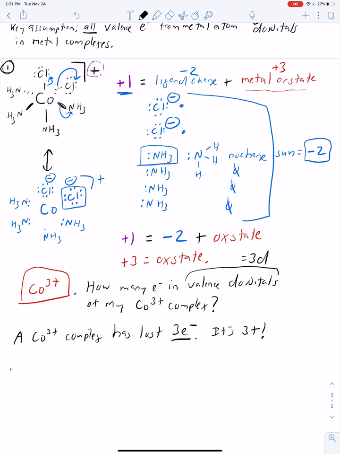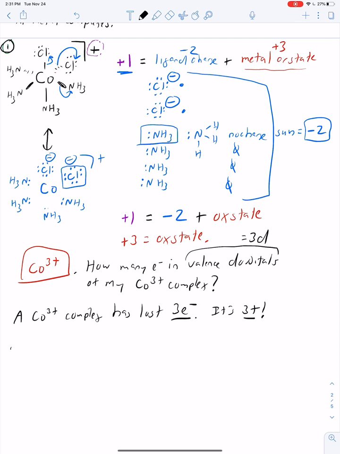A cobalt 3+ has 3 more protons than electrons. So when we say it's 3+, we're taking the atomic or neutral number and subtracting 3.